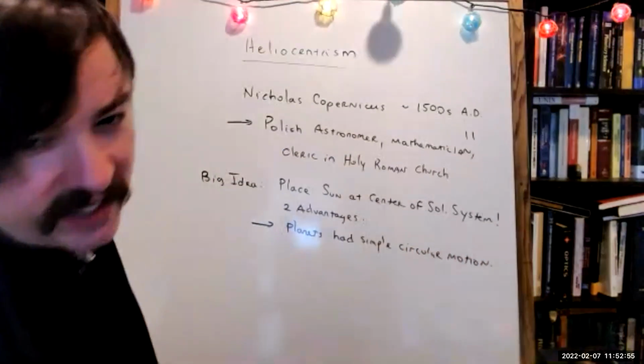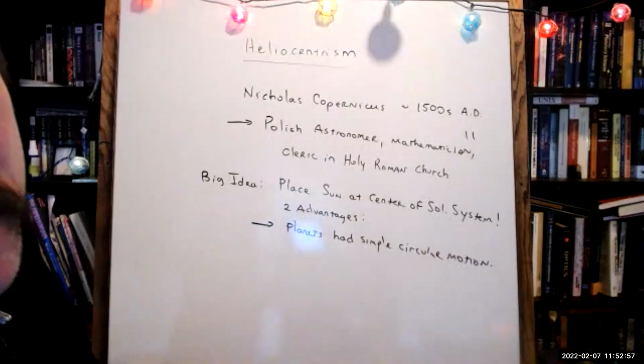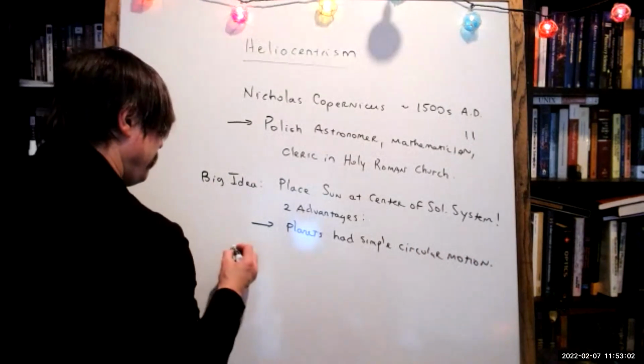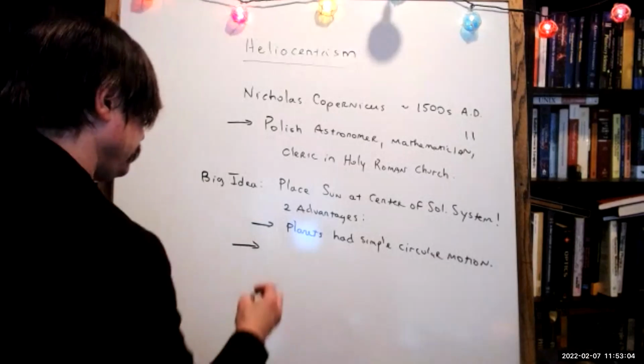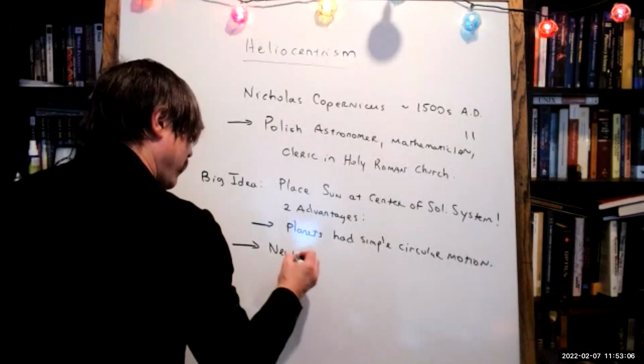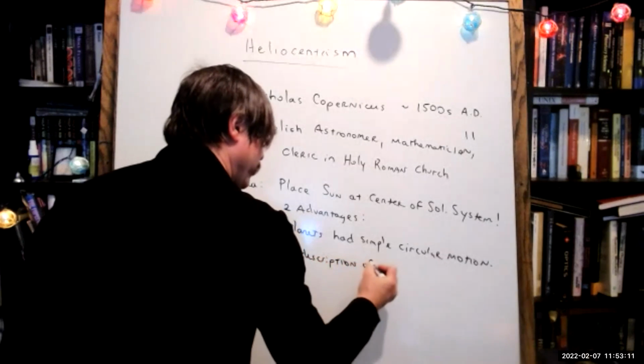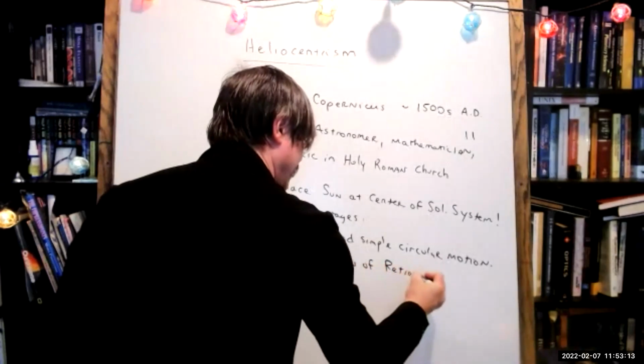Now, it ended up needing a few epicycles to make it work, but nowhere near as many as Ptolemy did. The more important thing was that Copernicus now had a new description of retrograde motion.